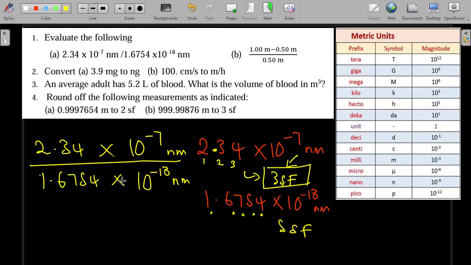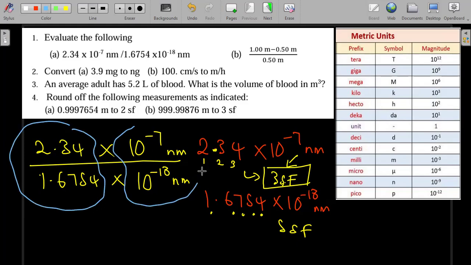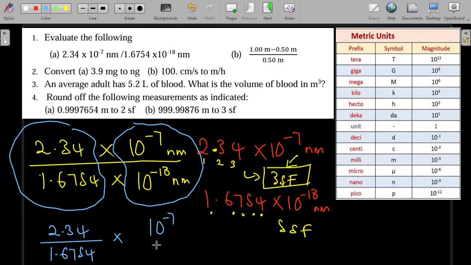Here we are going to separate this into two parts: the numbers that have 10 to the power something, we put together as well. So we write it as 2.34 divided by 1.6754, and then multiplied by 10 to the power minus 7 divided by 10 to the power minus 18, and then nanometers.